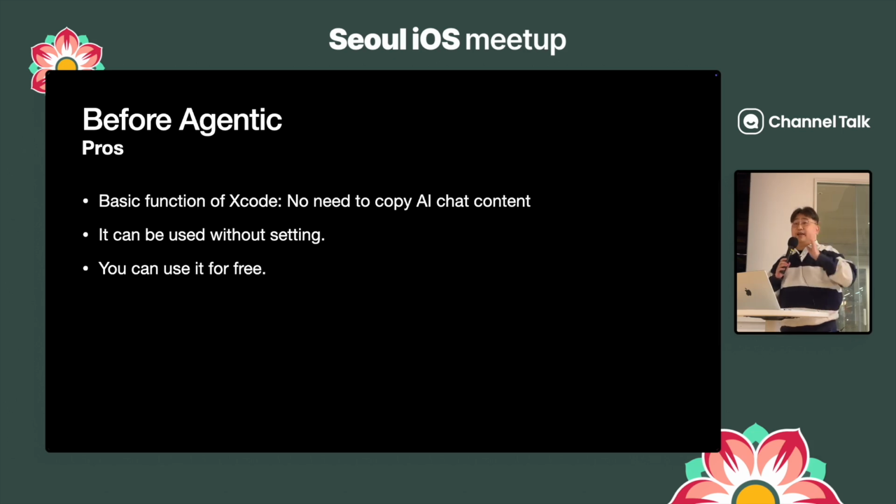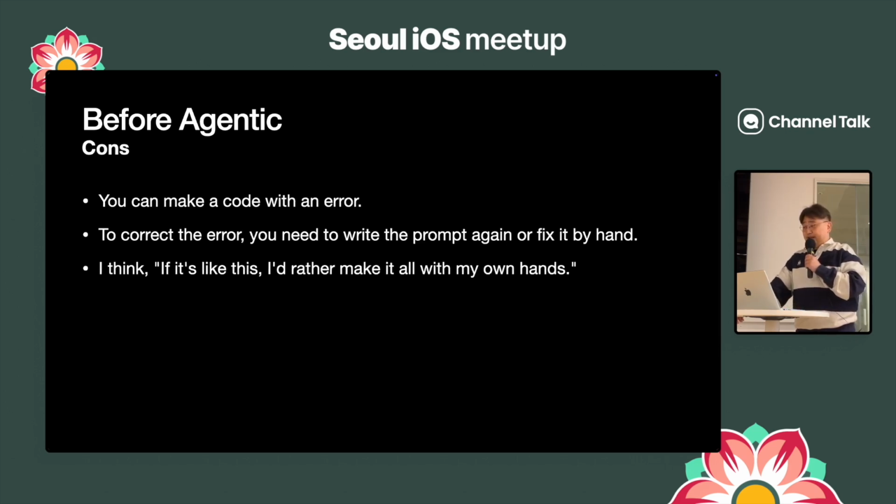It doesn't need it anymore. It can be used without setting. You can use it for free, but it is limited. And you can make code with an error. It's a problem. As you can see, to correct the error, you need to write the prompt again, or fix it by your hand. I think if it's like this, I'd rather make it all with my own hands.